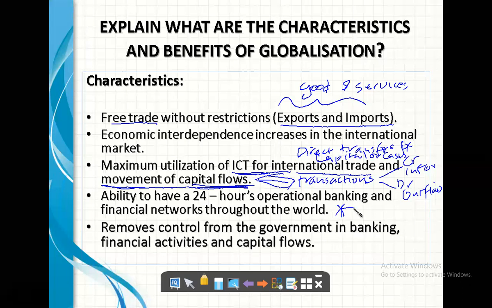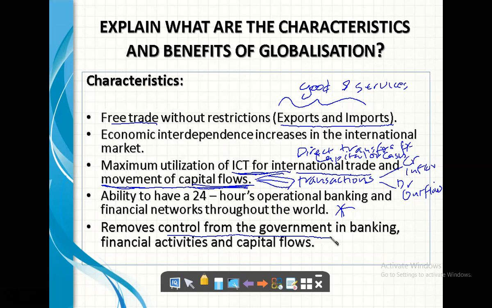Yes. Okay. The next one, it removes control from the government in banking, financial activities, and capital flows. So how does globalization remove control from the government in banking especially? Anyone want to answer this? So, Miss, can you repeat the question?